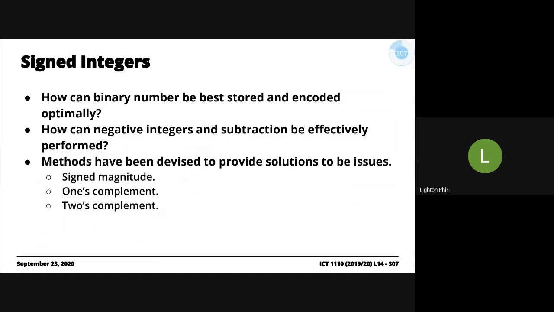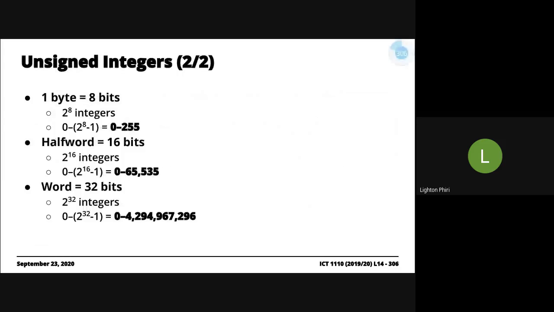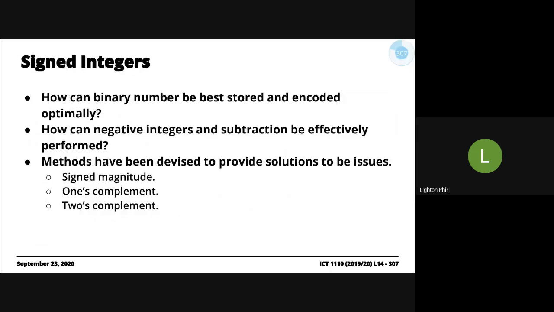An interesting question to ask though is, given that at this point we've figured out exactly how positive numbers behave and how we can represent them, how then can we store and encode signed integers, right? How can we efficiently store them?